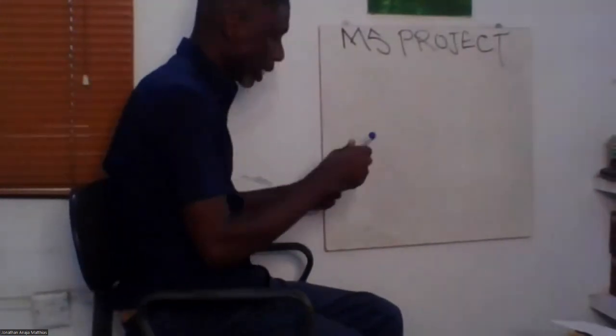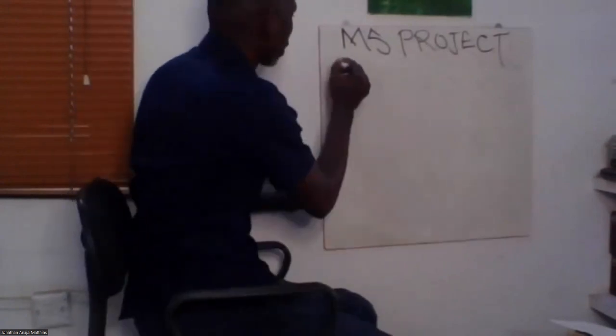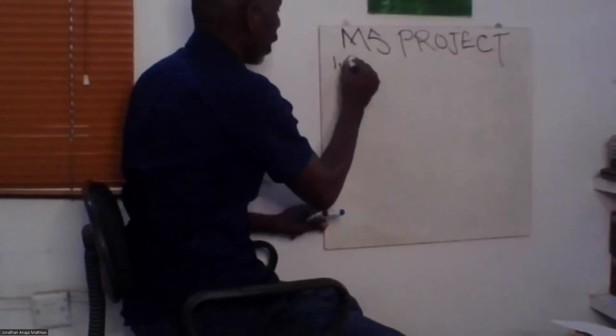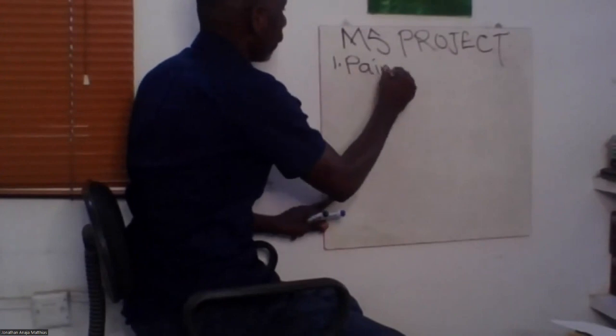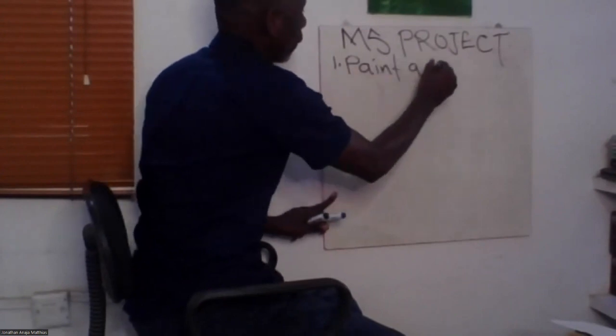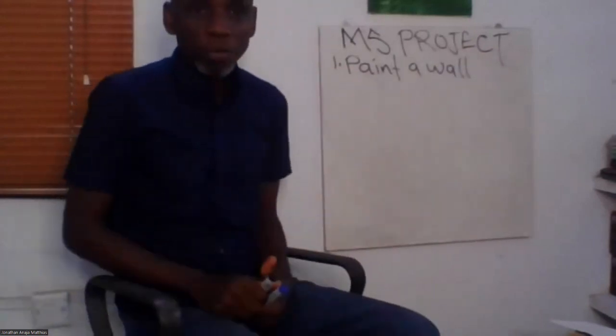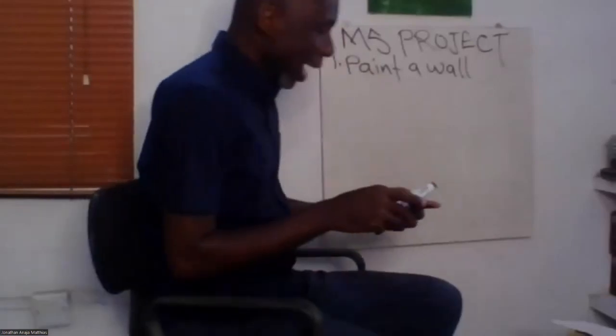Now, I just gave an example of maybe painting a wall, right? Is it bold enough? Yes, sir. Okay, all right, thank you. So paint a wall. What did I say?